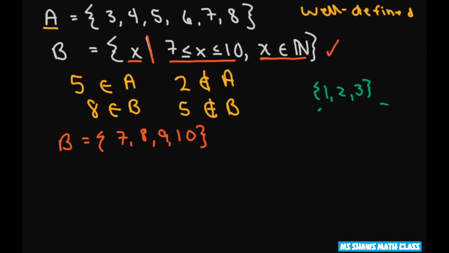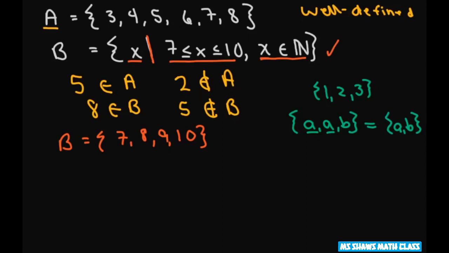So if you write A, B, A, B, it is the same as A, B, because we're just talking about members in a set, just like students in a class. You don't need to write their name down twice if you're looking at a list. So it's like a class set.